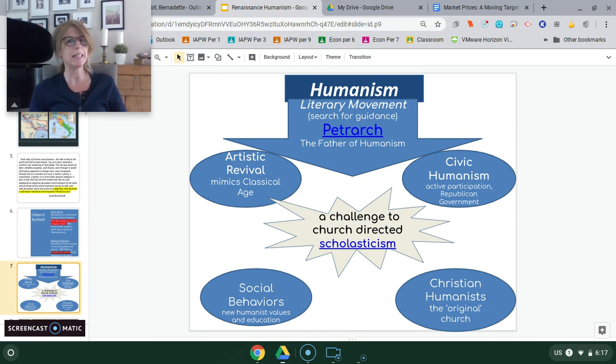He's living in Italy, surrounded by Greco-Roman remains, and he's digging out the writings of the classical age. And he's thinking, wow, we have a lot to learn from these guys, right? And it's this inspiration from these thinkers who advocated for self-awareness. Think about Socrates for a second and Plato, right?